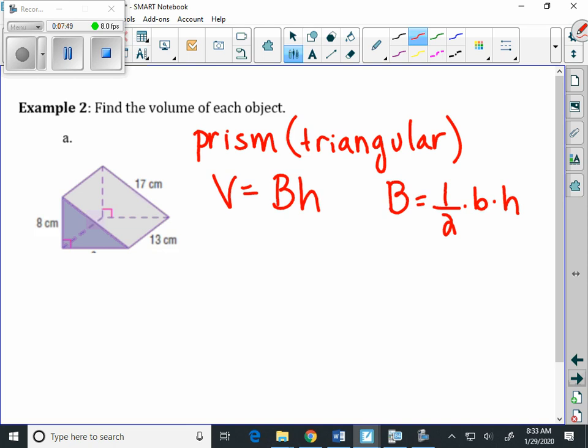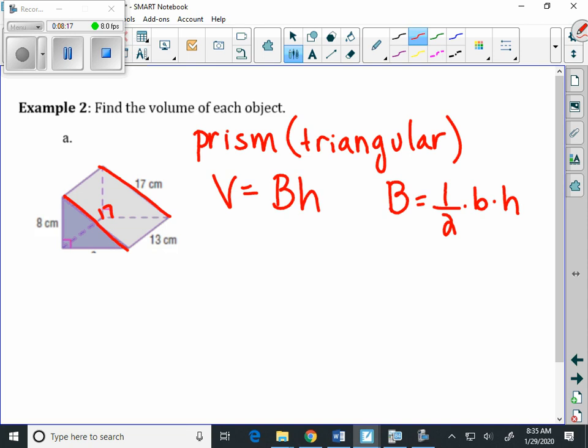And on my picture, you can see it's shaded here, and it looks like I cut off a value. No, I didn't. But the thing about this is, this length here is 17, which means that this length here is also 17.